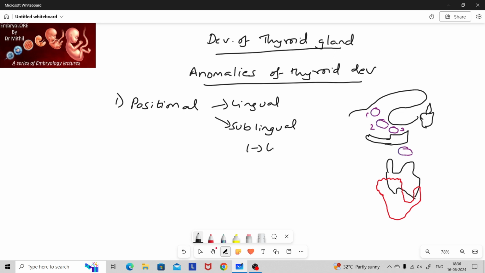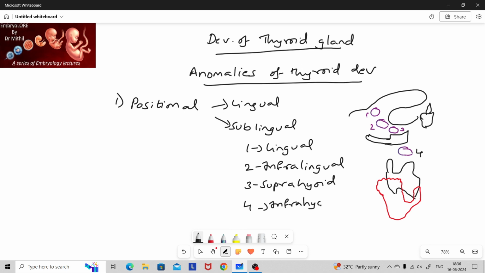So one is the lingual, the second position is the infralingual, the third is the suprahyoid, and the fourth position is the infrahyoid position. So these are all the positional abnormalities of the thyroid gland.